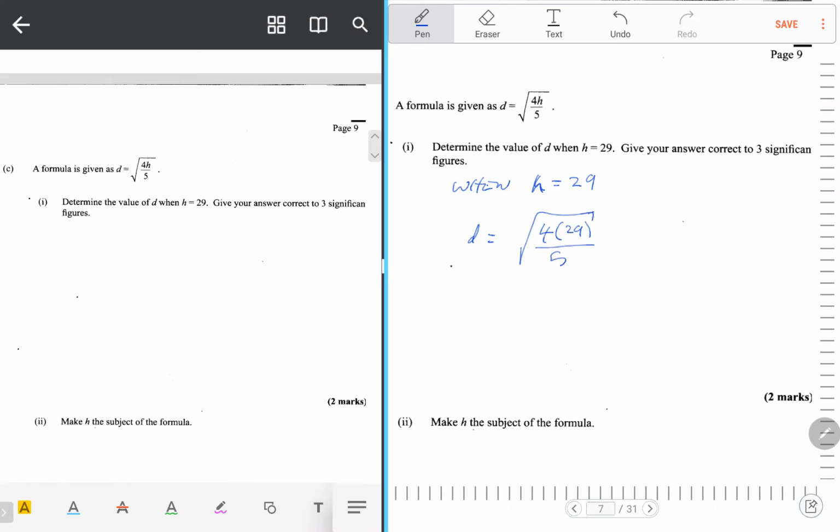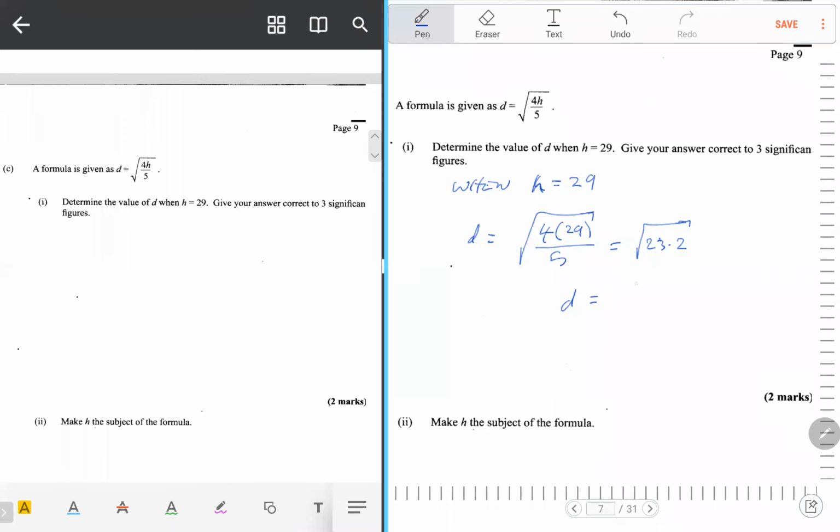And you can work out what is under the square root sign there, and you'll come to the square root of 23.2. So when you work that out, 4 times 29 divided by 5, we have 23.2, and you square root that.